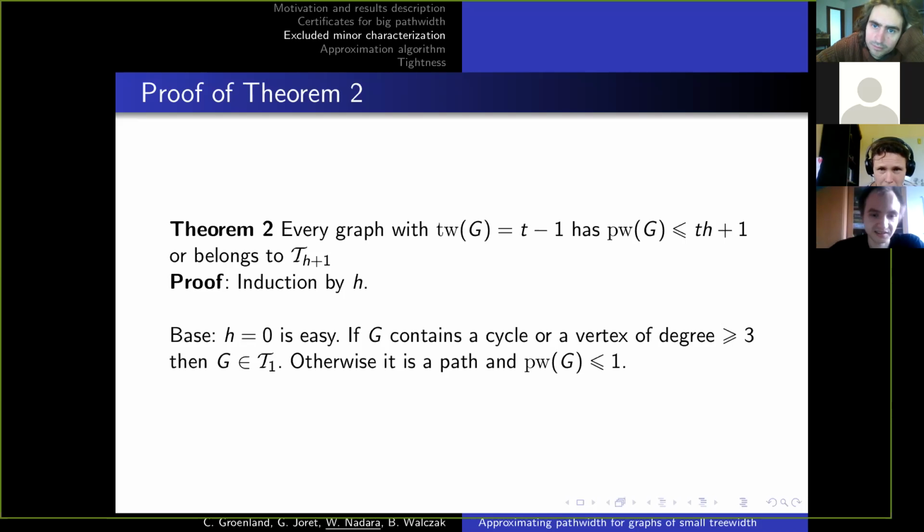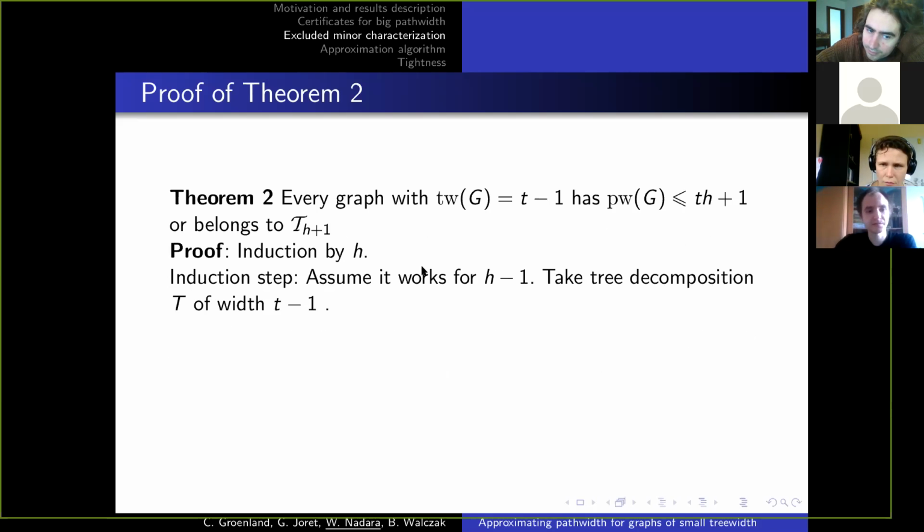So in that case, G belongs to T1 as well. Otherwise, if G doesn't contain any cycle or a vertex of degree at least 3, it has to be a path, and in that case its pathwidth is at most 1, which is what we wanted to prove. Either G belongs to T1 or it has small pathwidth.